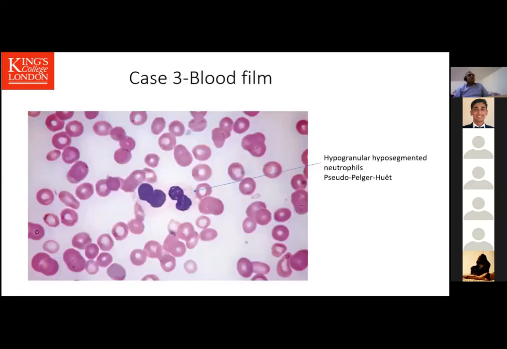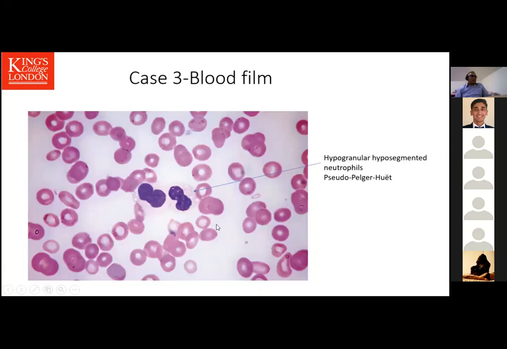Right, so look at the blood film. Oh, what are those bespectacled cells? So these are actually neutrophils, but there are two things which are abnormal in these two cells: they hardly have any granules. We can't see any granules.